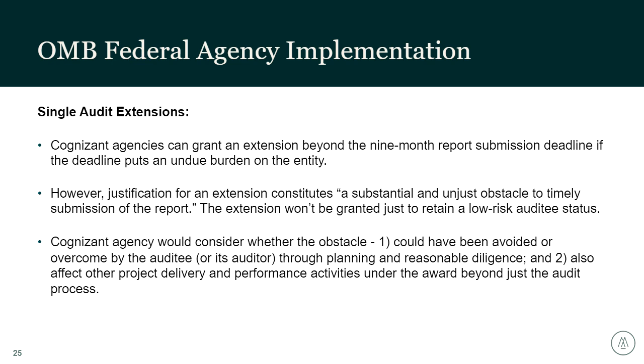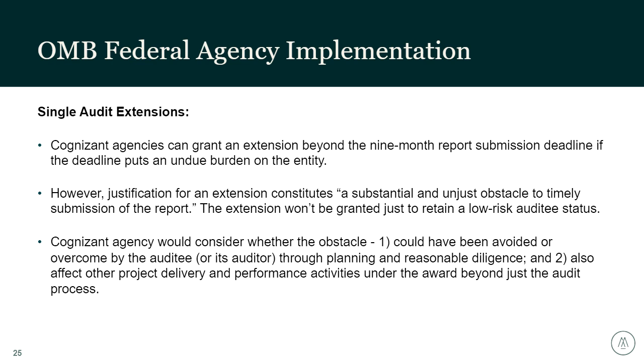Another thing they're going to be looking at is whether your justification of an unjust obstacle also affected other project delivery and other performance activities beyond just the audit process. So, like Matt mentioned, was there a hazard that occurred, an external factor that was out of your control?